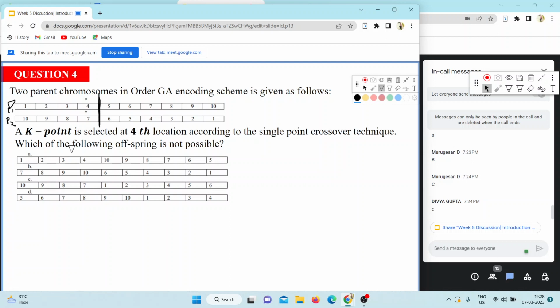Here you are asked which of the following offspring is not possible. Four options are given, so you have to find out which of the following offspring is not possible. So anyone with guesses?